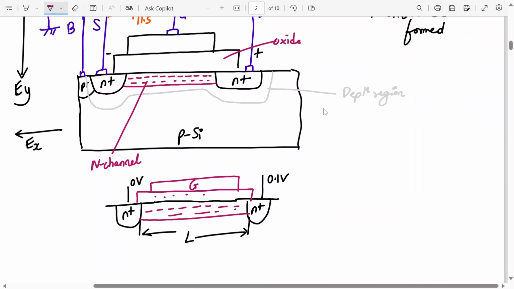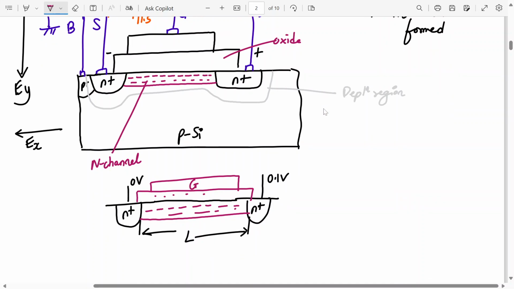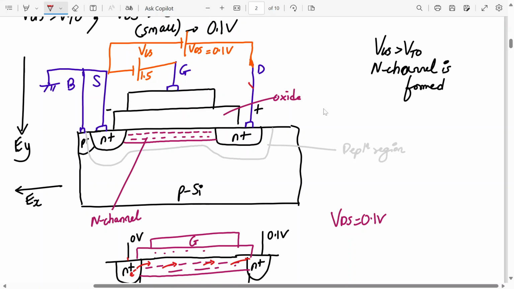I agree, if you apply around 0.1 volt VDS, current will flow. How will the current flow? How will the electrons get transferred from where to where? Electrons will start from the N plus source region, enter the N channel, and reach the drain terminal. So how is the current flowing? Current is flowing into the drain terminal and coming out of the source terminal. Yes or no? Conventional current direction is opposite to the flow of electrons.